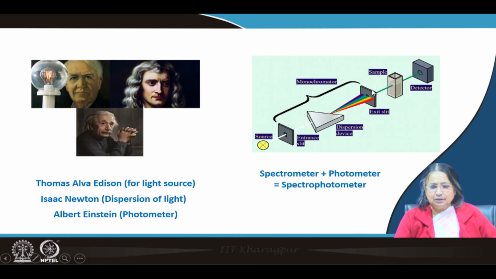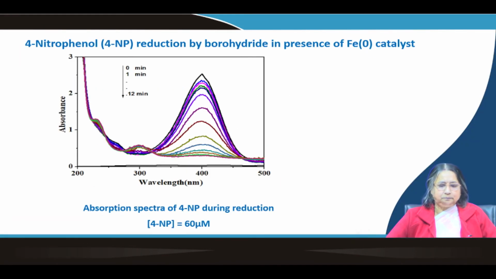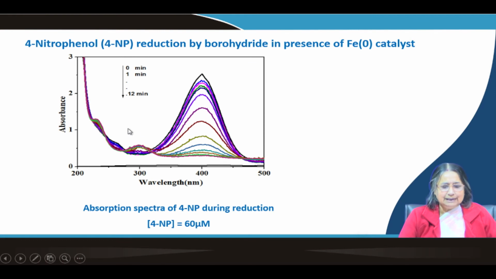Different lights are produced with different wavelengths, monochromatic light by dispersion, and then it passes through a medium, that is some solution kept in the cell. This is the cell actually, and this is the 1 centimeter. After that the absorption of light is measured. How much absorption occurred, which light, how much absorbed, that is measured. After that this curve is called absorption spectrum; if it is one, it is singular spectrum, and if there are many, it is called spectra.